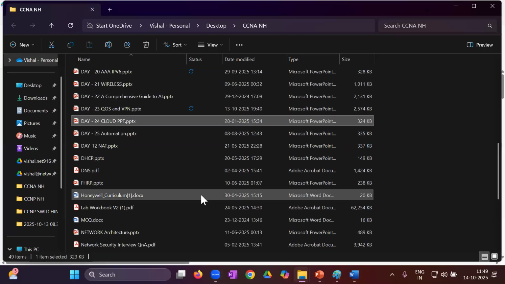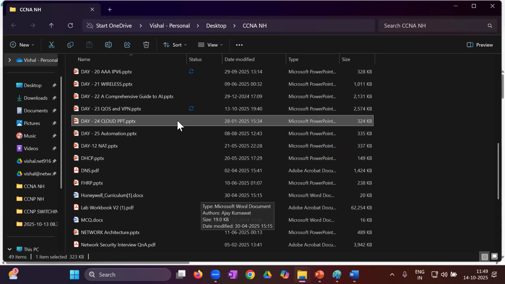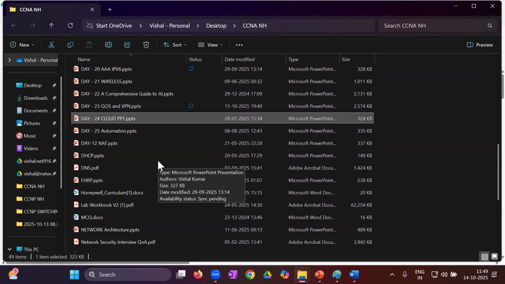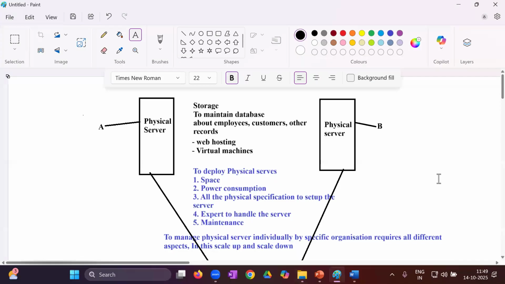Sir, platform as a service is like we have all the ingredients provided and we just manage them. Yes, right. The services and platform will be provided by the service provider only. We just have to run our application over there to verify.